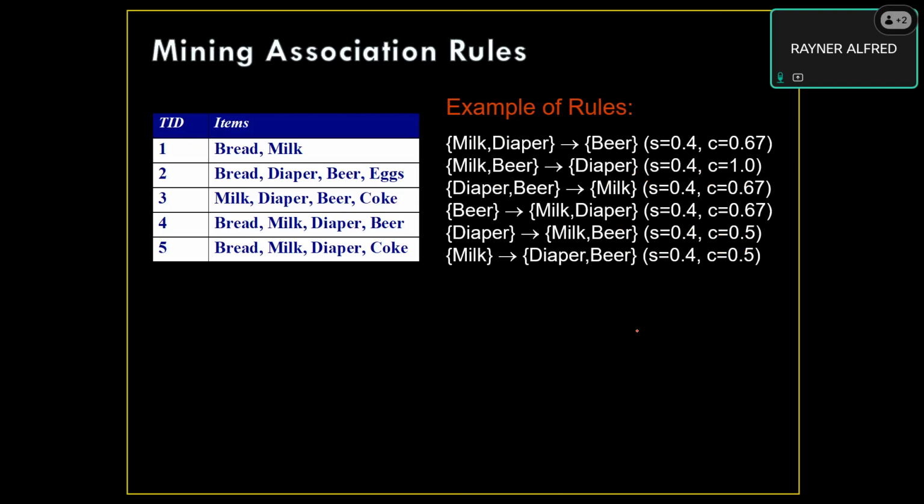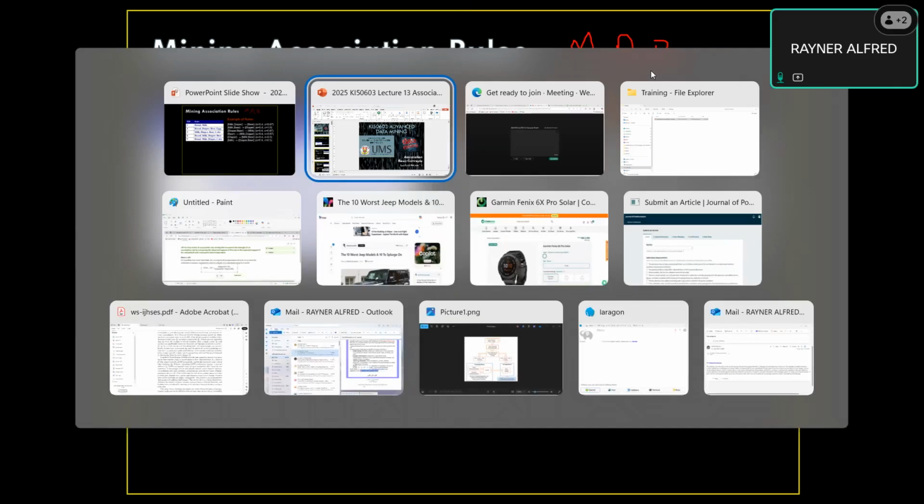So for instance, if we are looking at the same, we have milk and diaper and also beer.